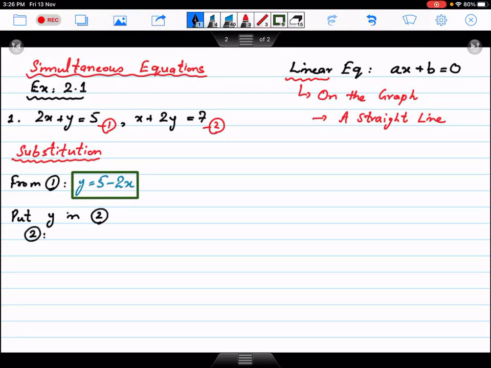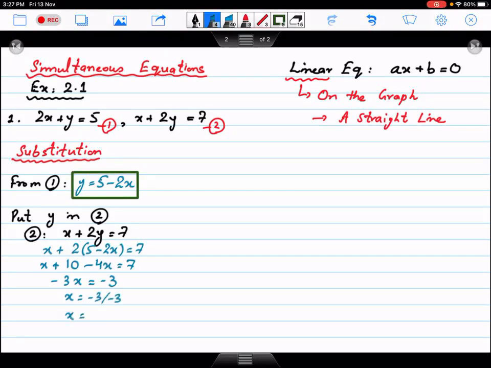So what was equation 2? Equation 2 was x plus 2y equals to 7. So I will write, instead of y, the value of y, that is 5 minus 2x. So it should become x plus 10 minus 4x is equals to 7. So this should become minus 3x. 10 is added here, it will go there and it will be subtracted from 7. Now minus 3 divided by minus 3 becomes equals to 1. Is there any problem in that?